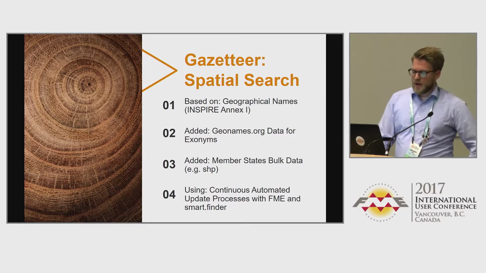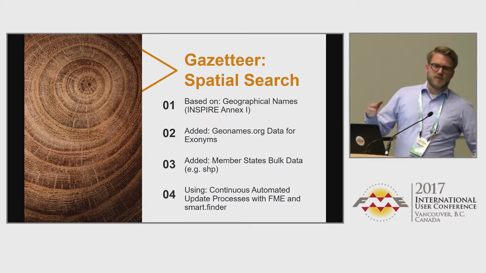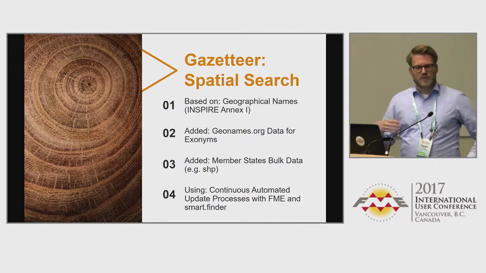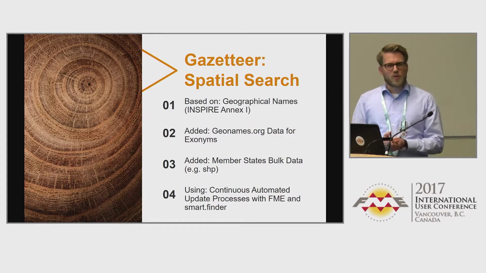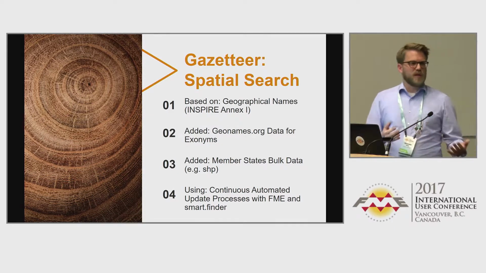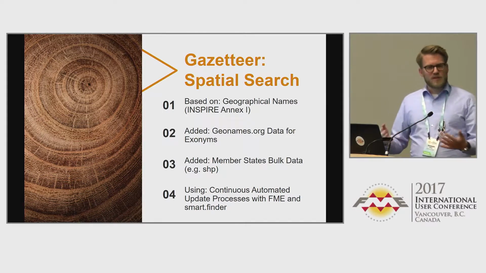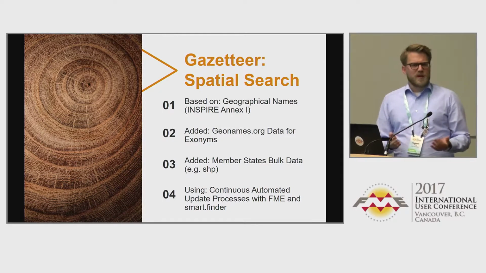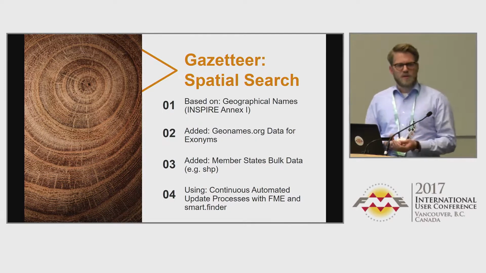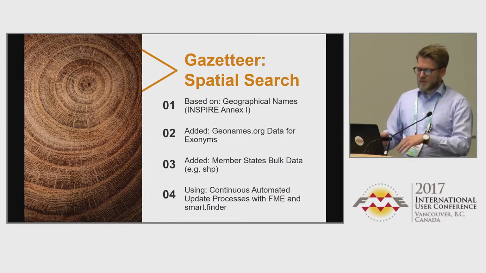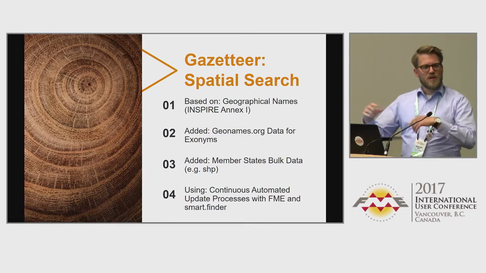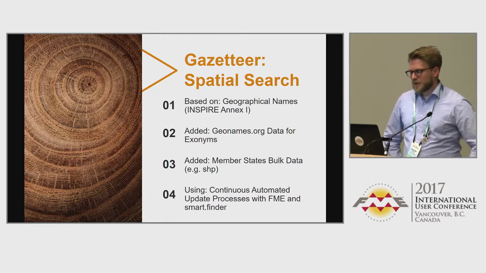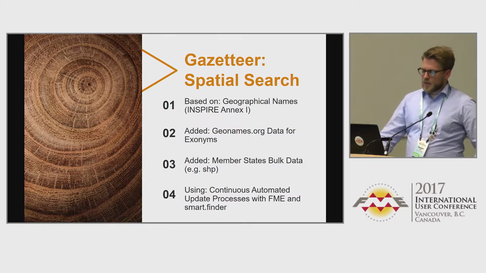So we had to add geonames.org data as well for exonyms. That is to say, for example, the city of Cologne is named Cologne in English, but in German it's Köln, or, I don't know, in Spanish it's Colonia, Francisco? Yeah, it's Colonia. So to make the data findable with different place names, we added geonames.org data for the exonyms.